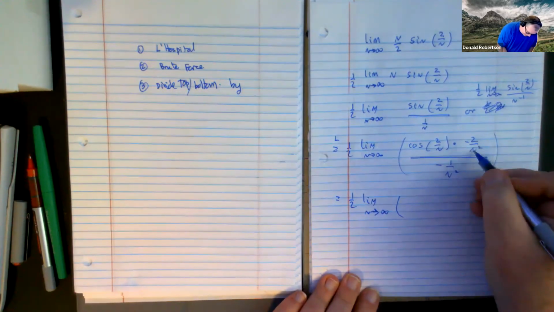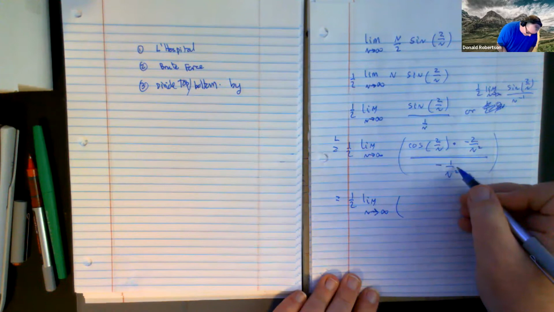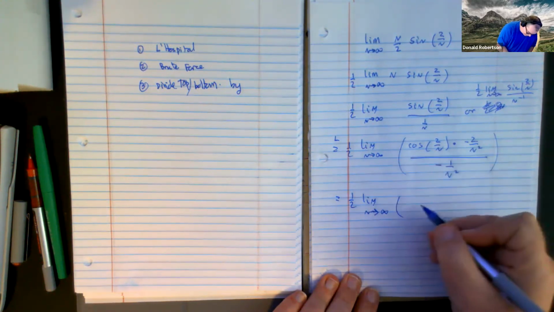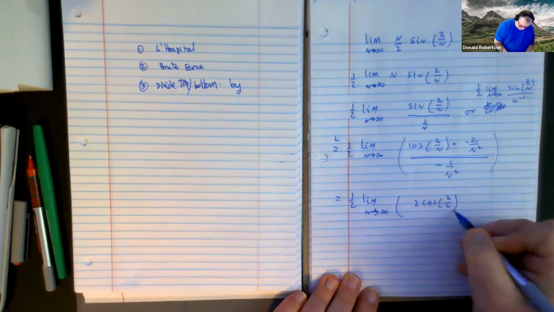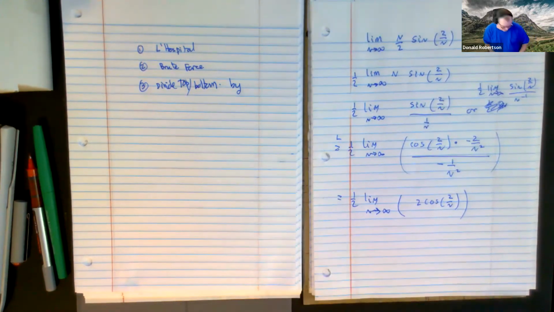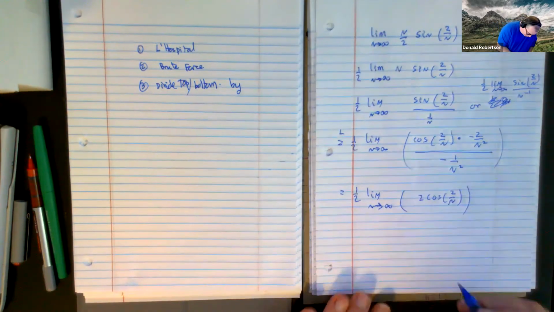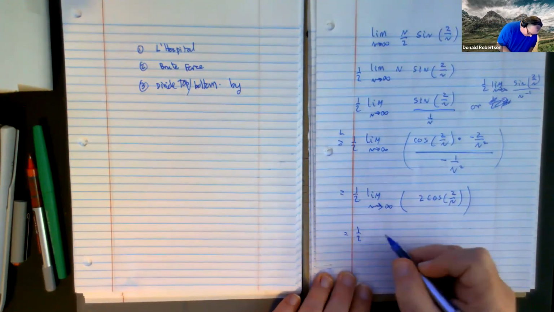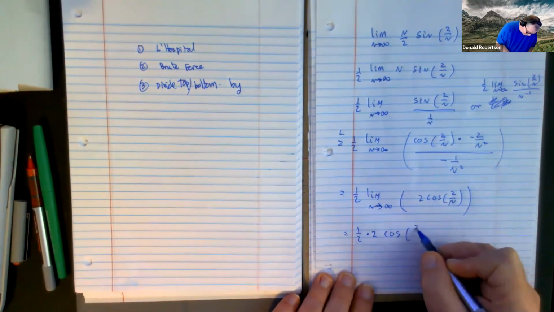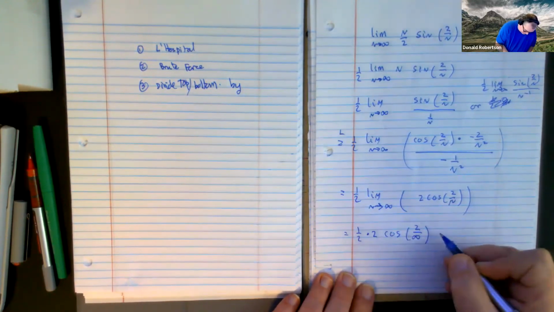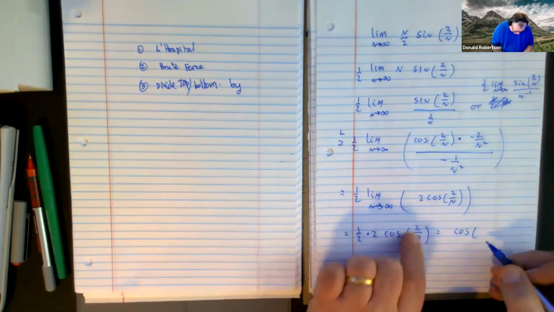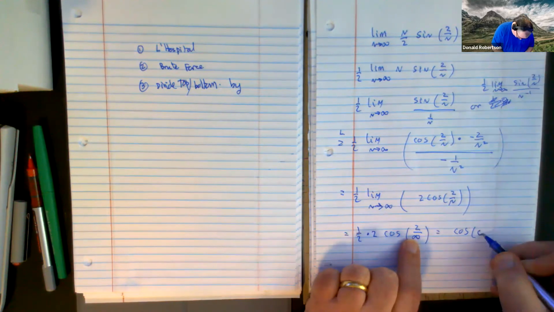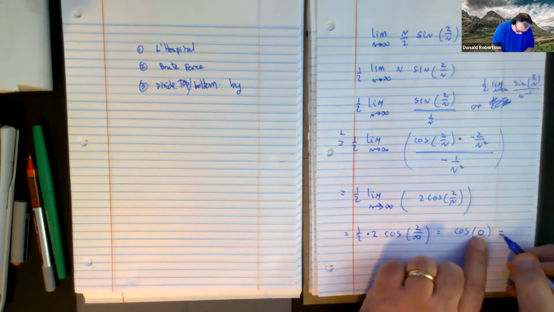This cancels out partially with this, and this negative cancels out with that negative, and all you're left with is that. And now I can brute force it. It's 1/2 times 2, the cosine of 2 over infinity. They cancel, and you're now left with the cosine of 2 over infinity, which is 0, and the cosine of 0 is 1.